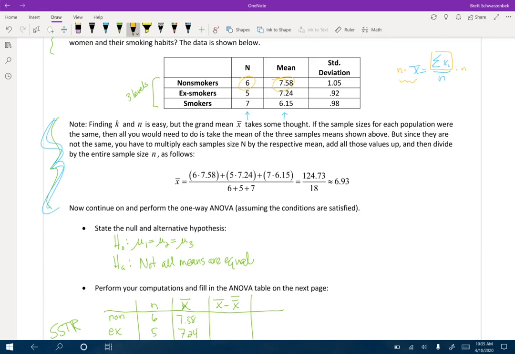So here's the first one. If we want to find x bar bar, our grand mean, we first do 6 times 7.58, then 5 times 7.24, then 7 times 6.15, and then we add them all together. Hopefully you understand that if we do this calculation, we are going to get the sum of all the individual x's in our problem.